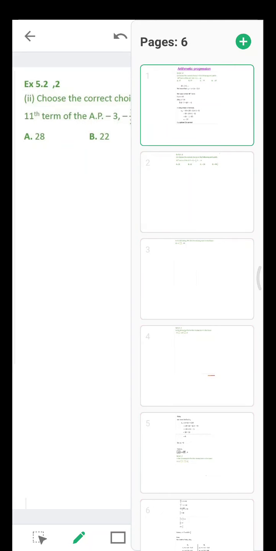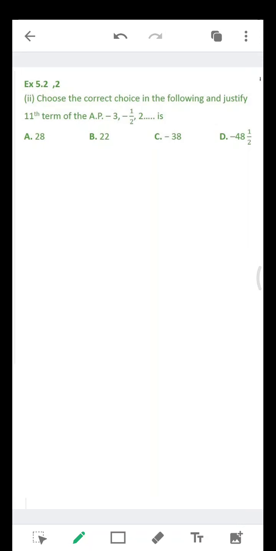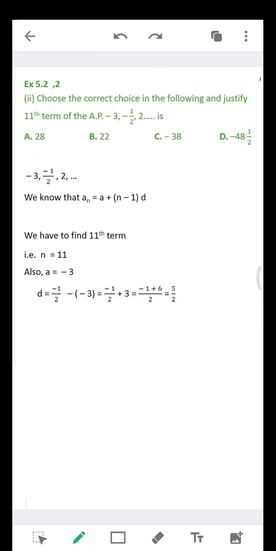Let's go to the next question. In this second bit also he is asking you to find the 11th term of this series. So we'll follow the same procedure. We'll write the formula first. an equals a plus n minus 1 into d, and we'll find the values of a and d. a is nothing but the first term in the series.